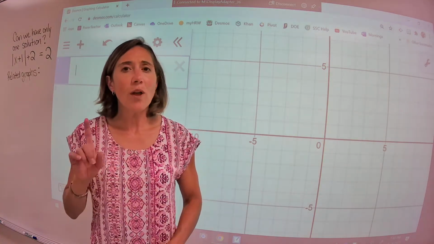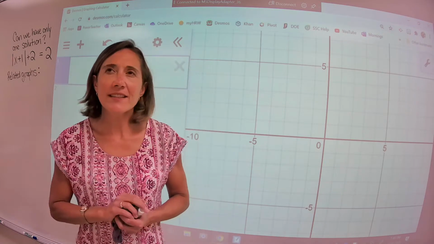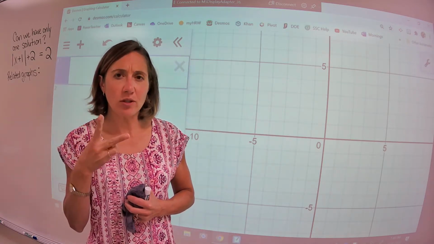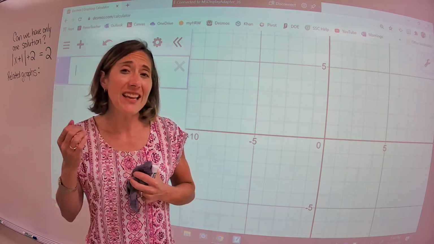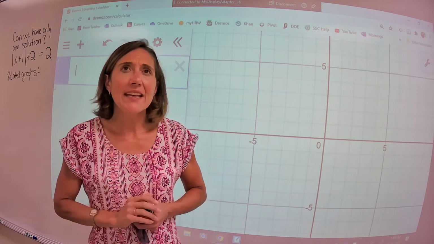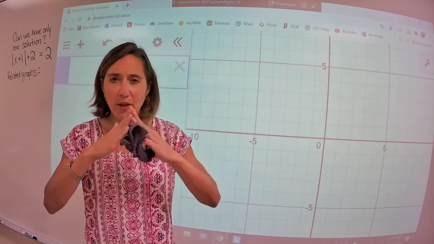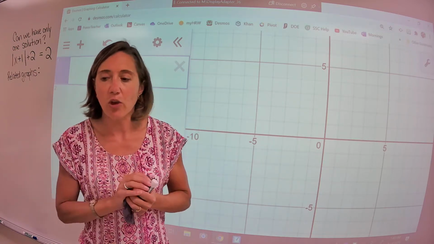Okay, I want to talk about one last thing that I mentioned at the end of yesterday's video. We said, okay, so we've had equations that give us two solutions, and we've seen an equation that gives us no solutions. Is it possible to get anything else with these, do you think? When you have an absolute value, it's going to make some kind of V and equal some value.